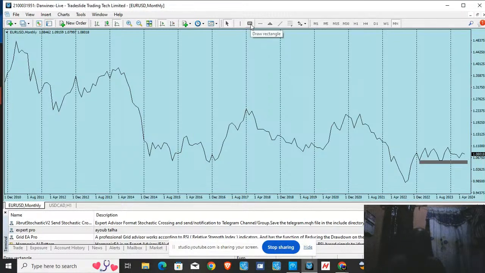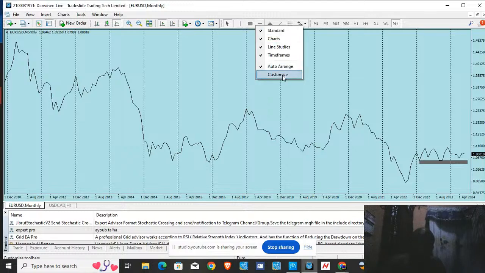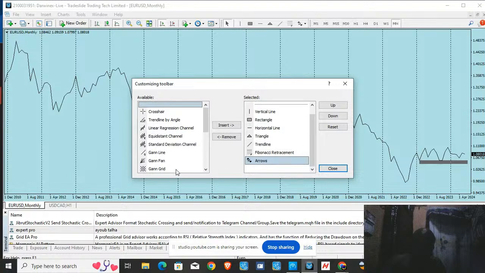We pick the same rectangle. For you to activate this, if you don't have it on your toolbar, you can just right click here and go to custom. Whatever you need from here, you can drag from here to here, and anyone you don't need, you can remove.